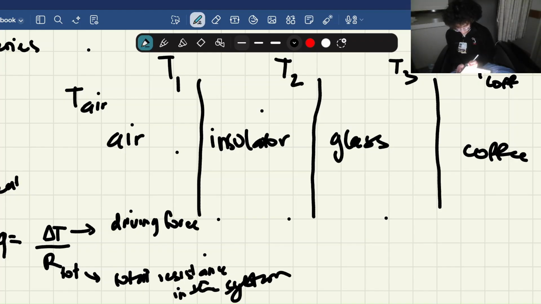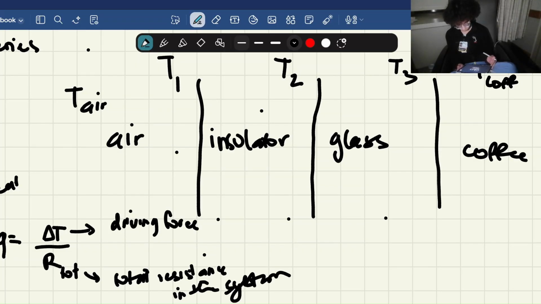Okay, so general Q, we have Q is equal to T coffee minus T3 over the resistance by convection of coffee, is equal to T3 minus T2 over the resistance of glass, equal to T2 minus T1 over the resistance of insulator.